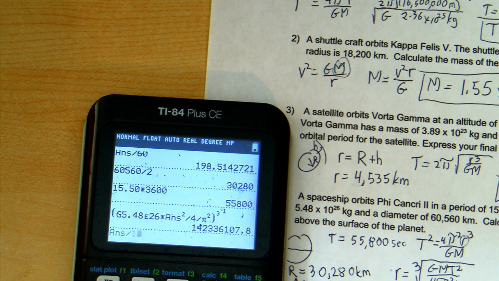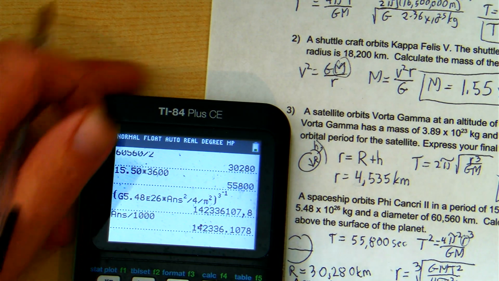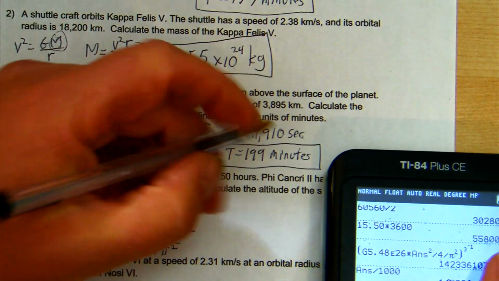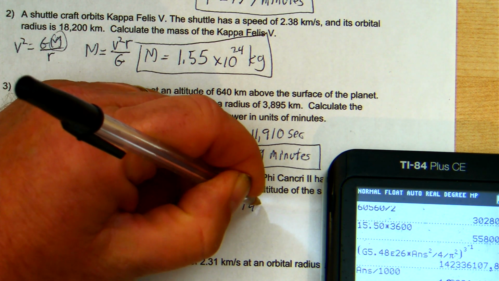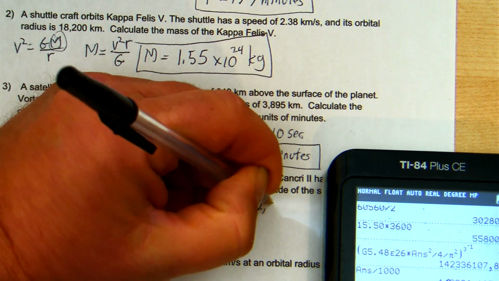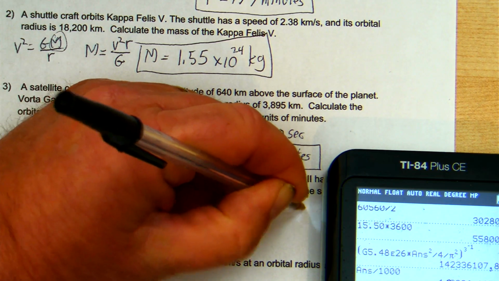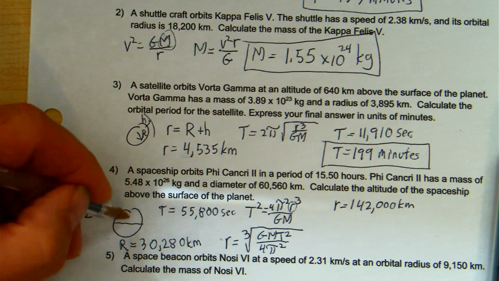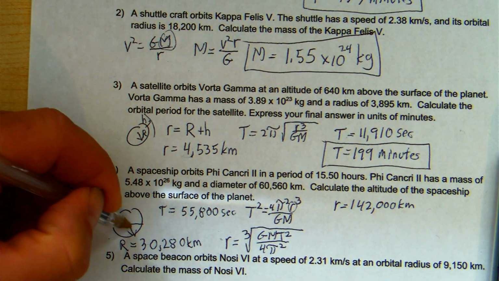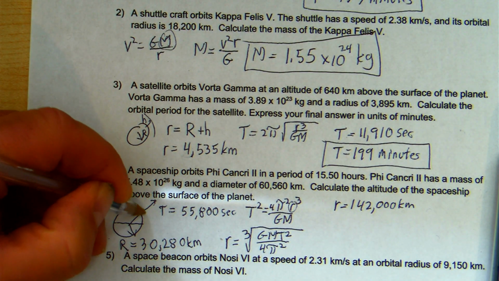If I divide this by 1,000, this will convert it to kilometers. So the orbital radius r is 142,000 kilometers. But they are asking for the altitude above the surface.